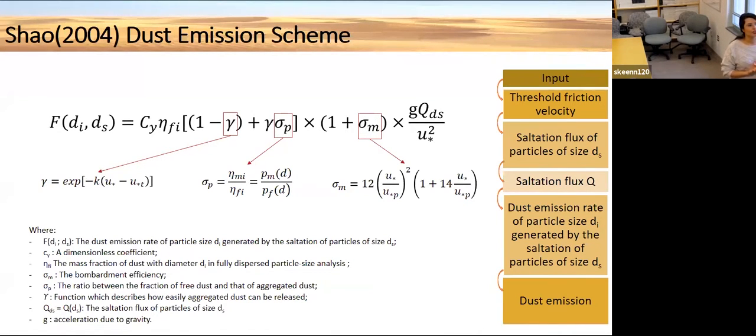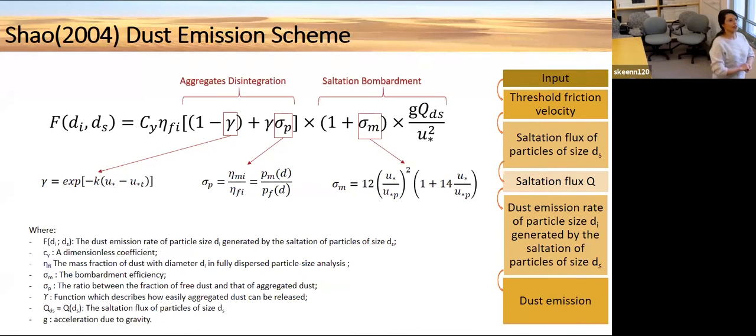This equation shows Shao's scheme. According to this equation, we cover both aggregate disintegration and saltation bombardment using this scheme. And then I'm going to go through three main parameters, which I'm going to modify through the experiments to get a better result for dust emission rate from crusted surfaces.